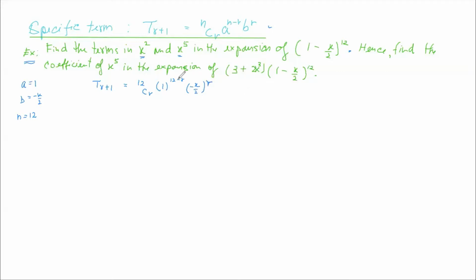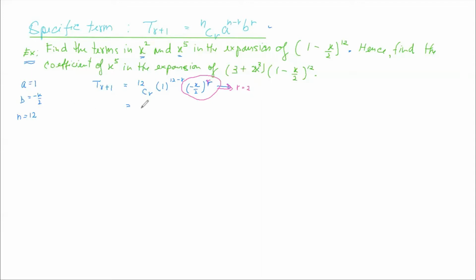Because they need x power 2, from here you can see this is the x term, x power r. So we need x power 2, so r should be 2, correct? We know right away r has to equal 2 because we need x power 2 here.